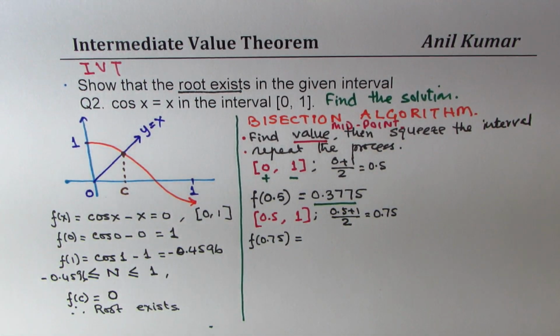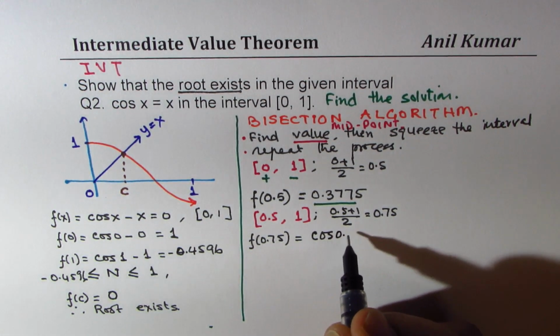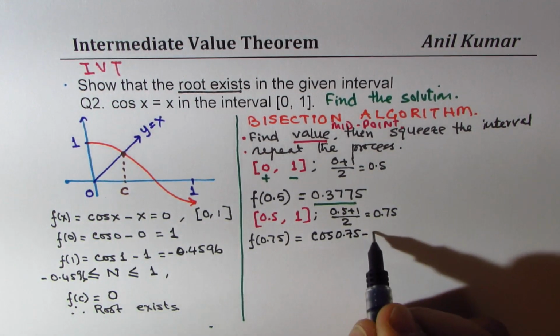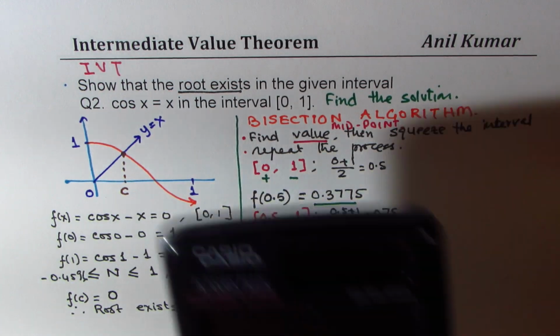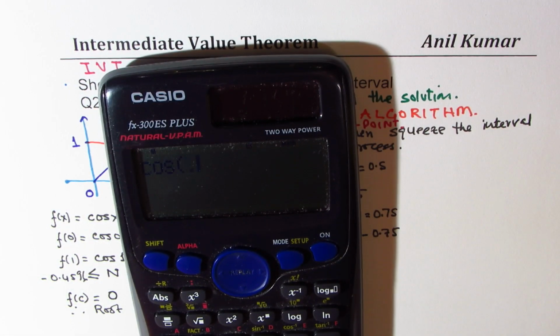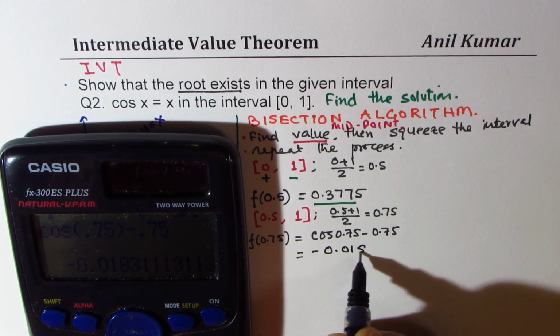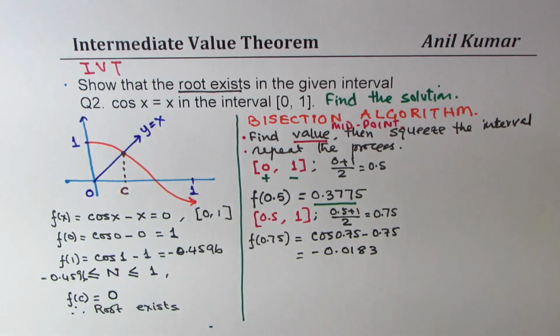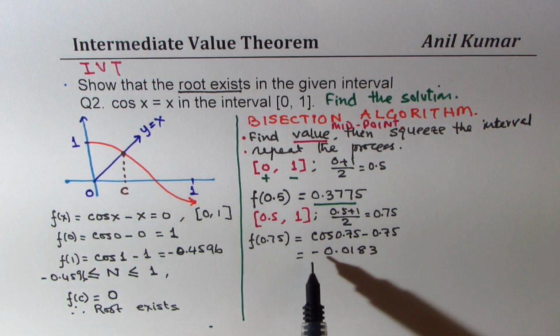So basically 0.75 really means we are saying cos of 0.75 minus 0.75, right? So let's calculate. We have cos of 0.75 minus 0.75 is equal to, we get a negative value of 0.0183. Clearly, you can see we are coming closer to 0, right?